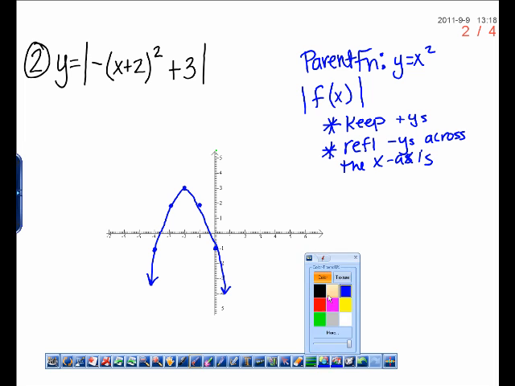And our new graph, I'm going to do it in green. Our first rule says keep the positive y's. So that means that all my positive y's are going to stay a part of my new function.